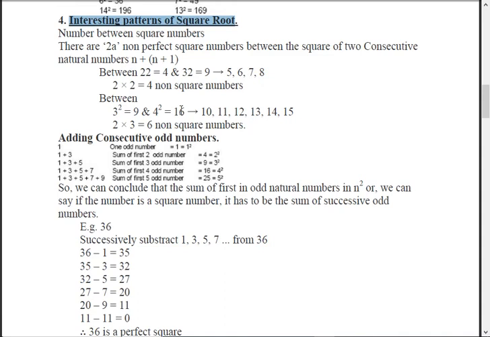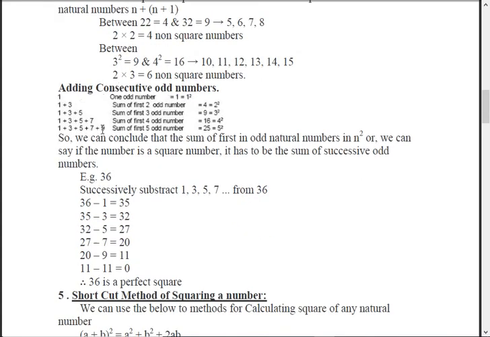So how many numbers lie between these? 7. So how to find the 7? Add these two numbers, 3 plus 4, 7. So 7 numbers. If you take 2 and 3, for example, 2 square is 4 and 3 square is 9. So how many numbers lie between them? 2 plus 3, 5. So 5, 6, 7, 8 and 9. Right? So that way it is. Means n and n plus 1. Those many numbers lie between the perfect squares of any two consecutive natural numbers.